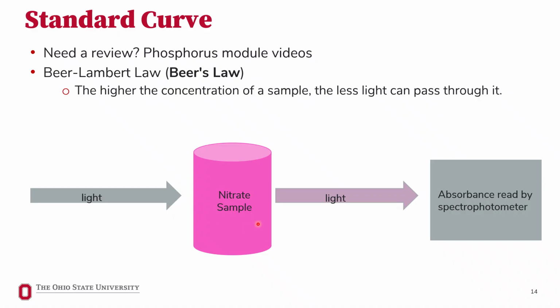Some of the light is absorbed by the sample itself, and some is able to pass through, where it's read by the detector on the spectrophotometer. The detector will then calculate the difference in light before and after it passes through the sample, and that will be the absorbance value. Beer's law tells us that this change in light is due to the concentration of the sample.